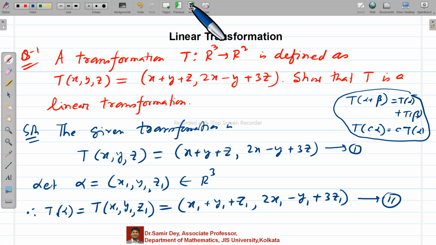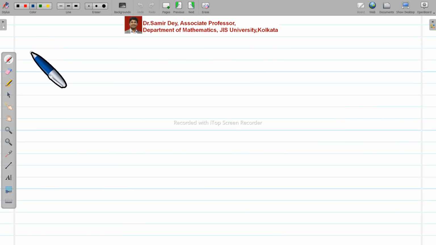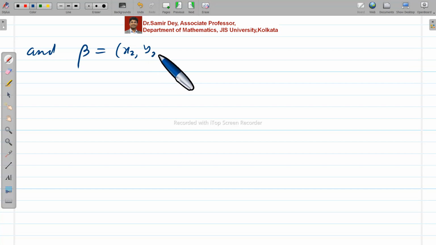Next, you write β. You consider β = (x2, y2, z2) from R³.